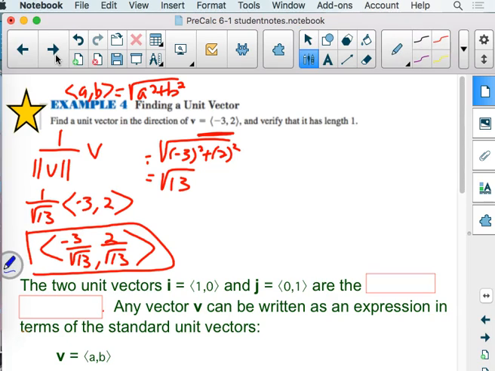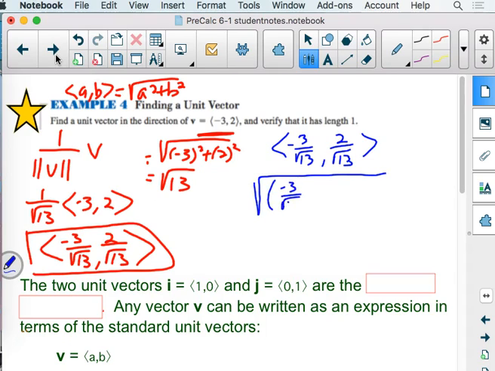So now we're going to verify the length of this vector is 1. Square root of (-3 over the square root of 13) squared plus (2 over the square root of 13) squared. We know the answer should be 1. If not, we messed up.